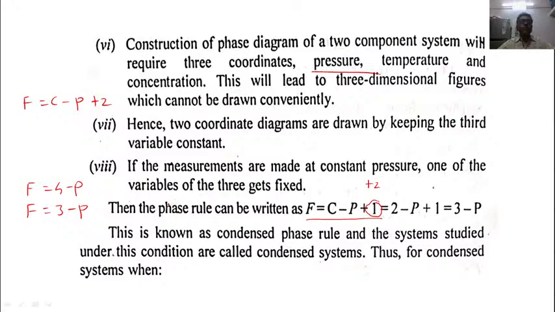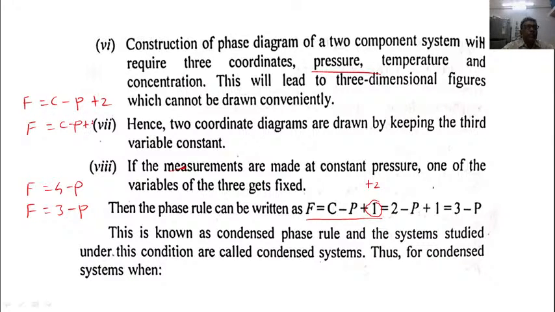So we have to keep the pressure constant there. So this phase rule, F equal to C minus P plus 2, can now be changed. We can write that phase rule here. You can see that the phase rule is F equal to C minus P plus 1.